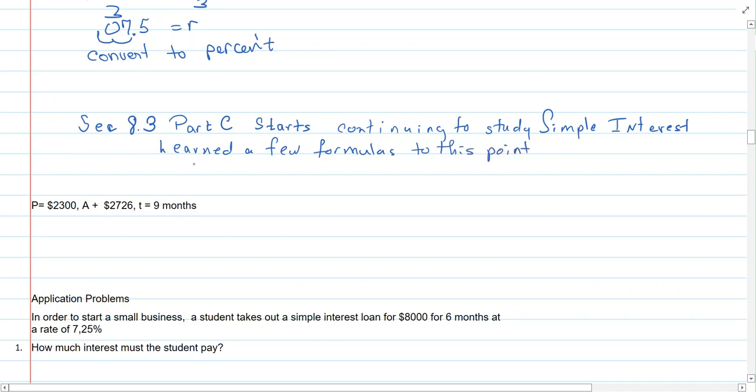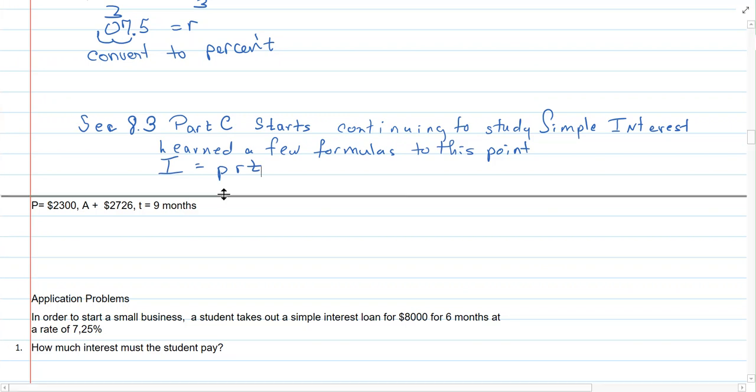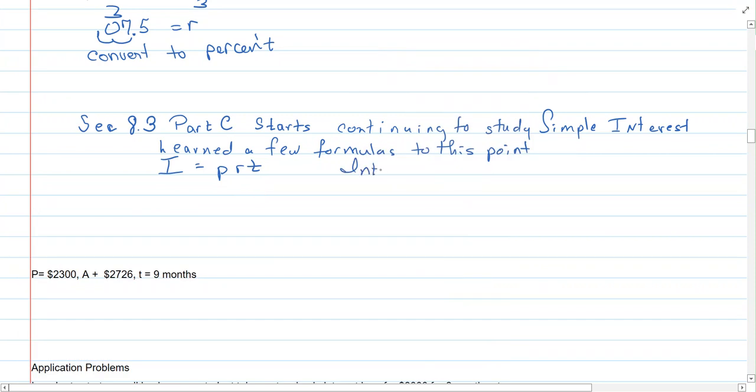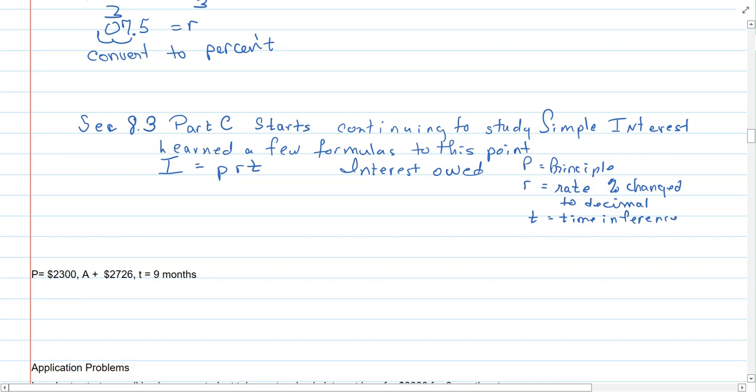I equals PRT when we're wanting interest owed or made, and P is principal, R is rate, so that means it's a percent changed to a decimal, and T is time in reference to years.